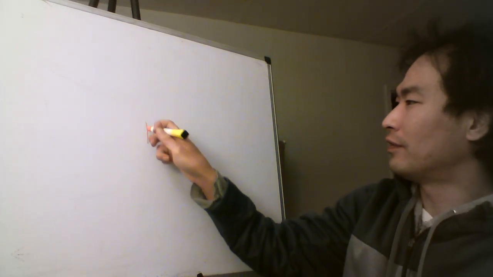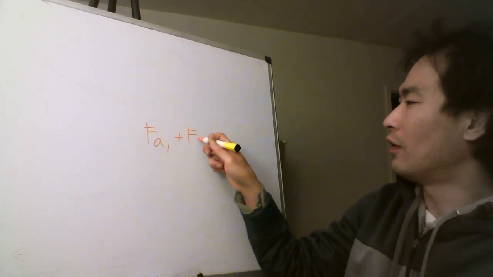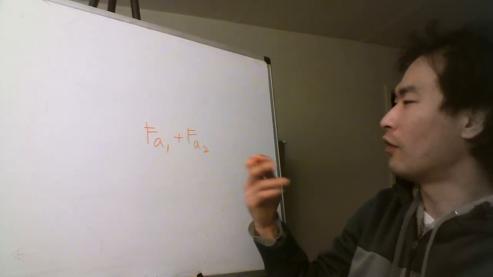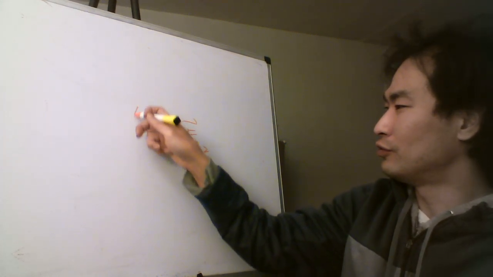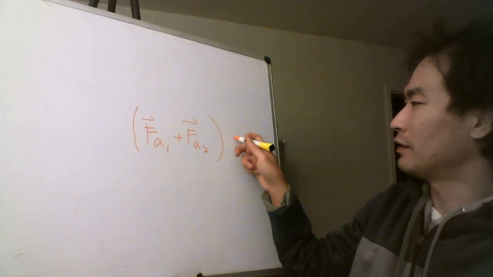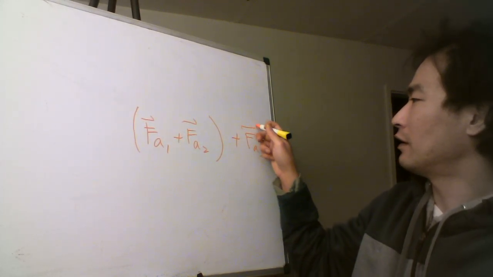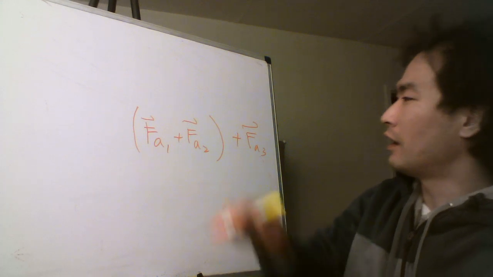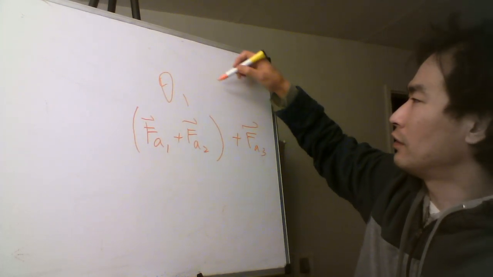F of A1 plus F of A2, okay? I convinced you we should use the subscript of subscript, okay? Plus F of A3, okay? The angle between the two, we call it theta 1.